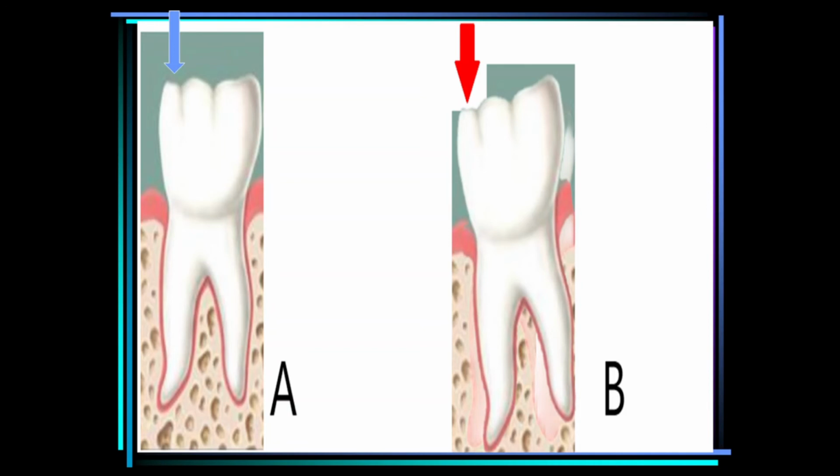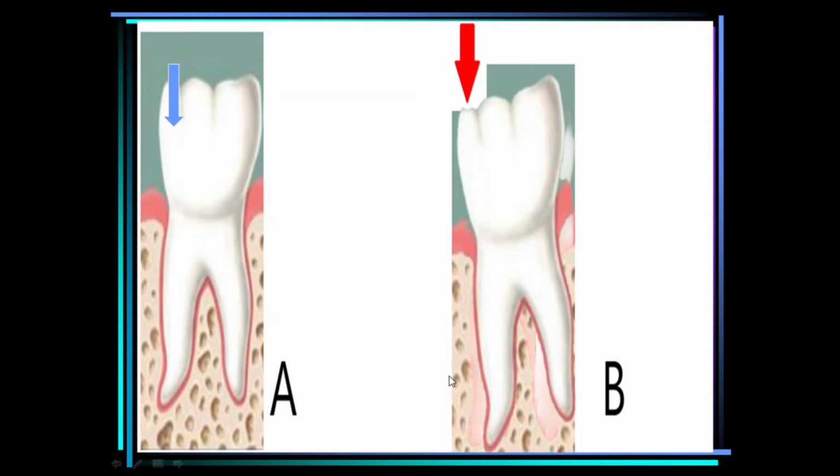Coming to the diagrammatic representation, a tooth is there with increased forces on it. The tooth will try to move away from the excess forces. It will try to tilt in order to compensate for the forces and relieve itself from the source, from so much force acting on the surfaces.